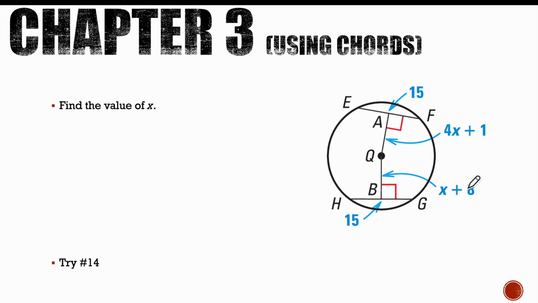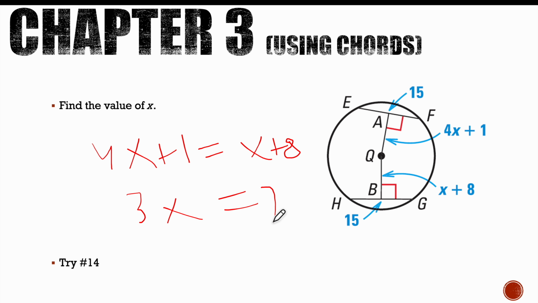If you solve this, 4x plus 1 equal to x plus 8. And 3x will be 7, and x will be 7 by 3. Okay, x shall be 7 by 3 because these two chords are congruent. So they are equidistant from the center.